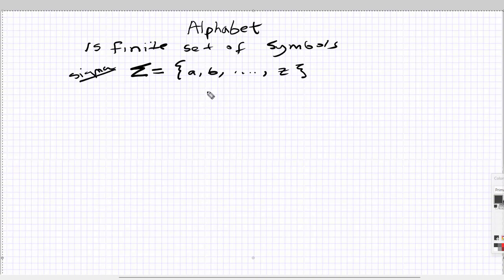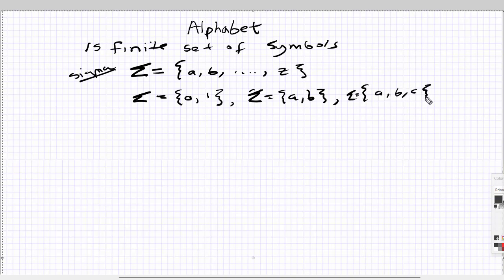But we're not going to deal from A to Z. We will be dealing with maybe something like 0, 1, that's the alphabet 0 1, or the alphabet A, B, or maybe at the most, if we want to do 3, something like A, B, C, and any combination of these, like AA, B, or A and then B, B, or BA. So this is what we're going to be dealing with.